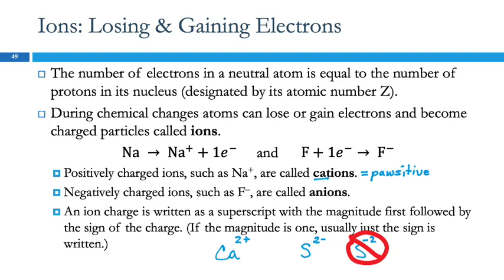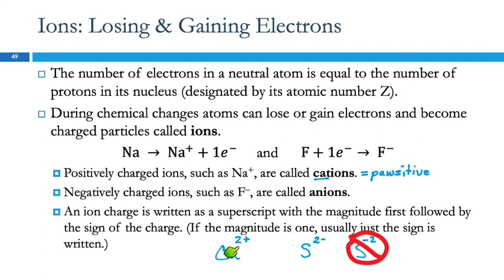If we don't need to write the number 1, we're going to just leave it off. So there's no number written here but a positive charge. So the only reasonable thing to assume is that it's 1 positive. If it was something else, the number would be there, right?